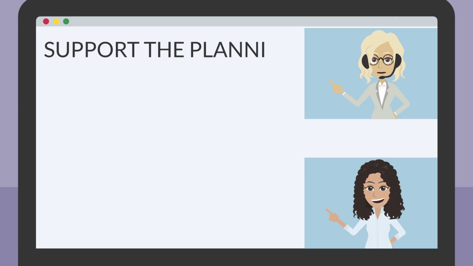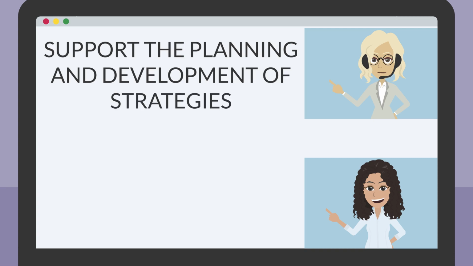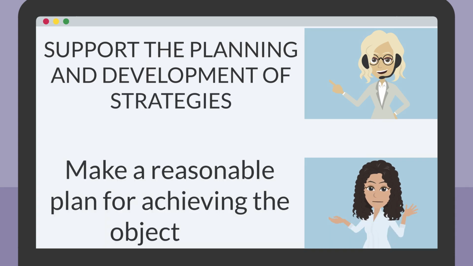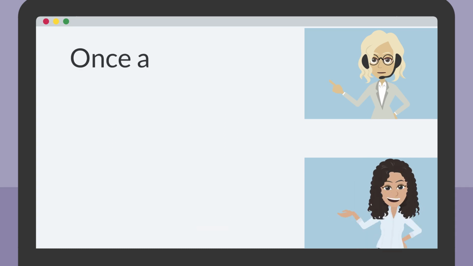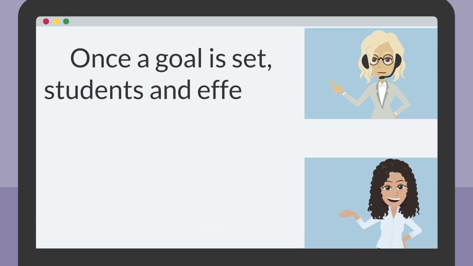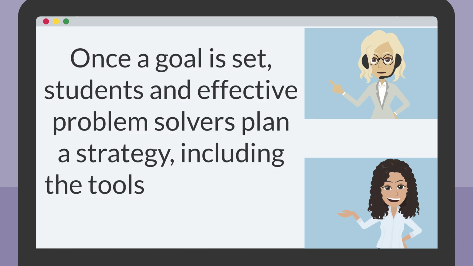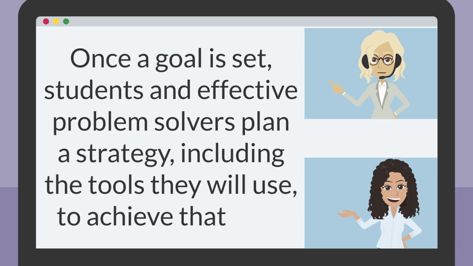Support the planning and development of strategies. Make a reasonable plan for achieving the objectives. Once a goal is set, students and effective problem solvers plan a strategy, including the tools they will use to achieve that goal.